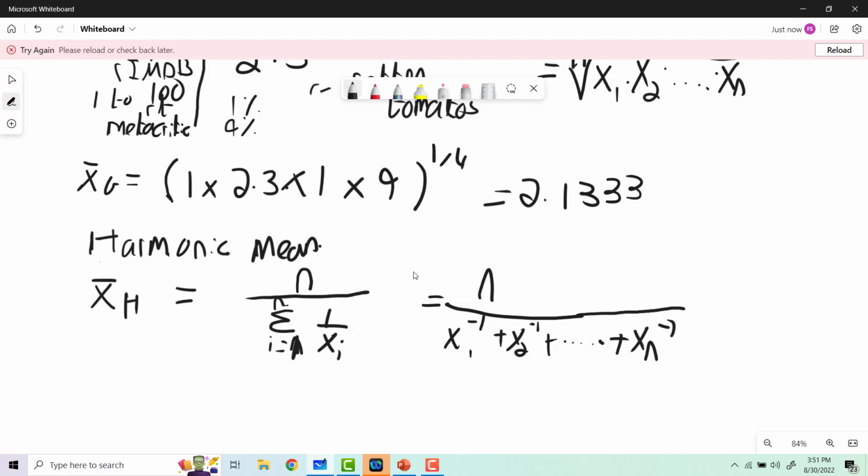And what this does is, if you have an outlier, this is relatively robust to outliers.